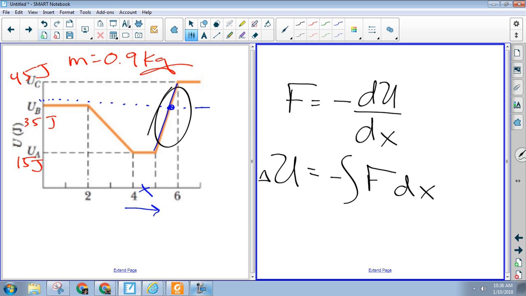This was on that last test, right? The biggest new thing from this is A, being able to work with these graphs, and B, understanding that as long as, keeping it simple, your only forces are conservative, your total energy is going to be constant. I guess I should say, or if they're non-conservative forces, that they don't do work.